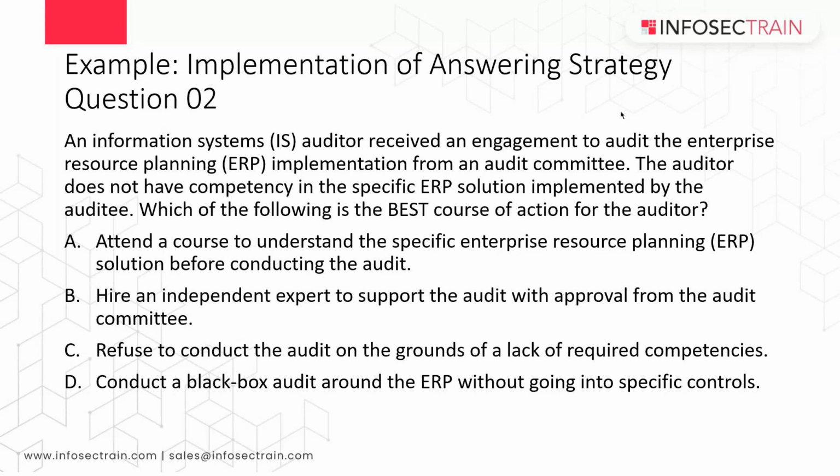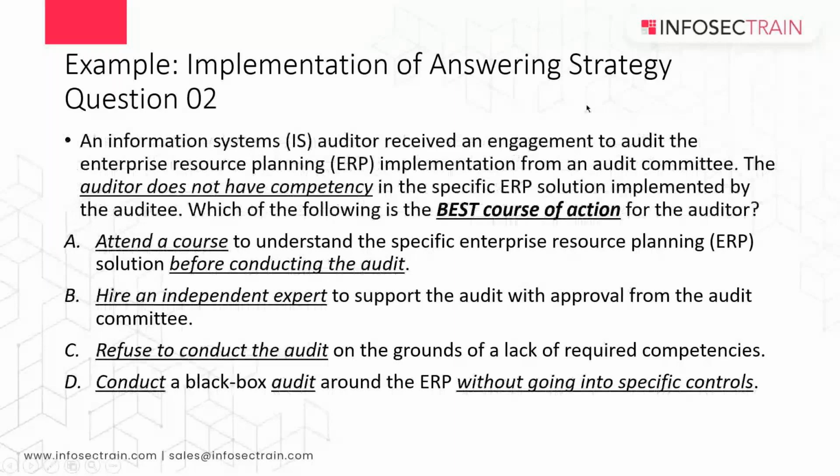Okay, so now when we look into this question, we identify the keyword: the auditor does not have competency for that particular solution. And the key ask of the question is best course of action.